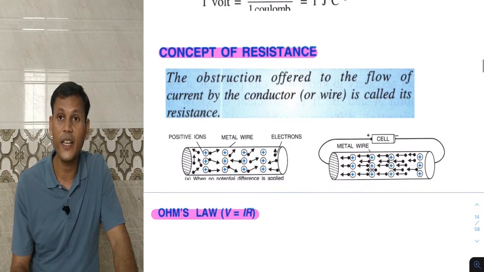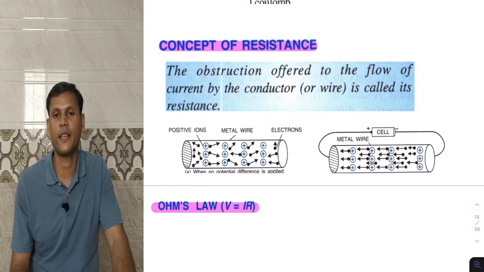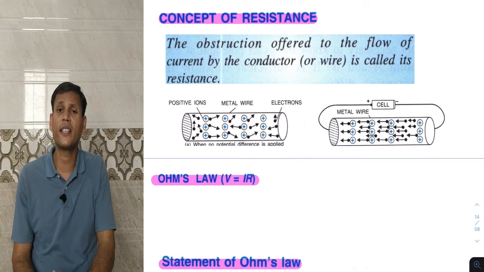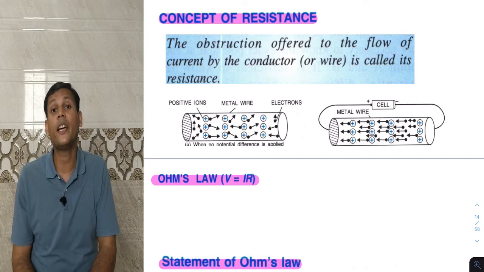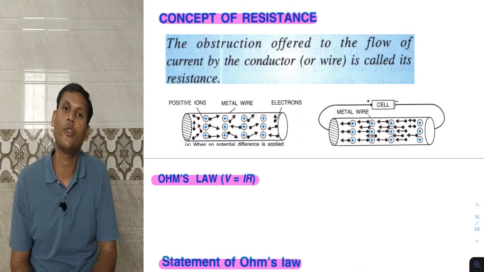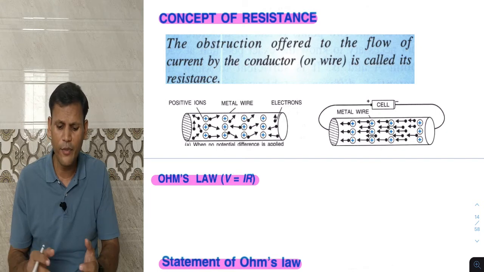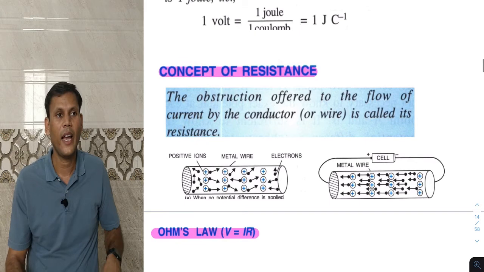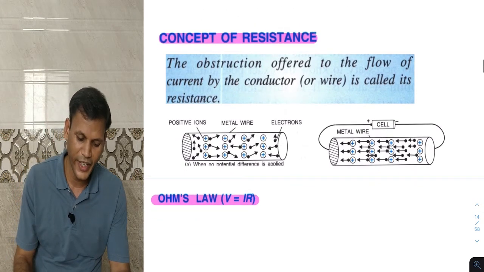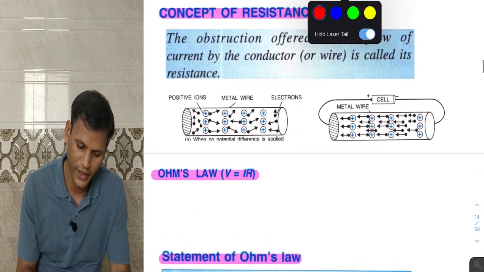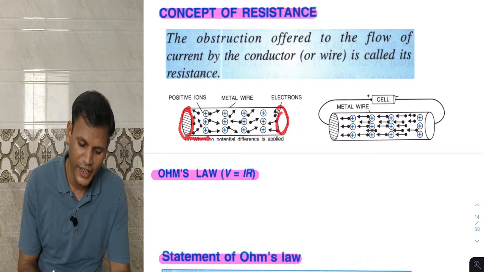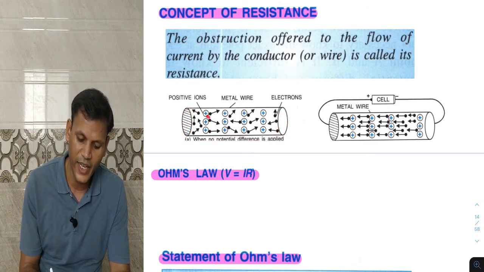Now, the concept of resistance. What is resistance? It is the opposition offered by the conductor to the flow of current. We can understand this better from the diagram. This is any conductor, and in this conductor electrons are in random motion, along with positive ions and negative ions.